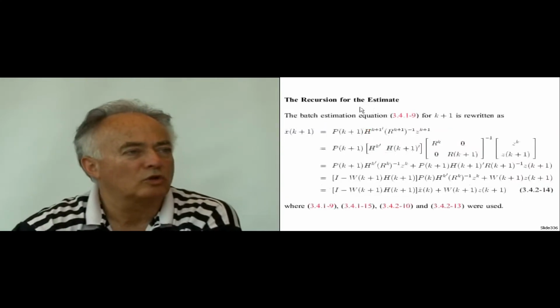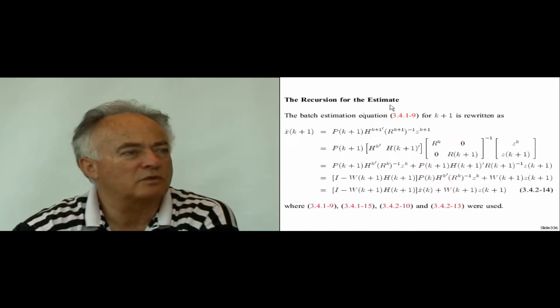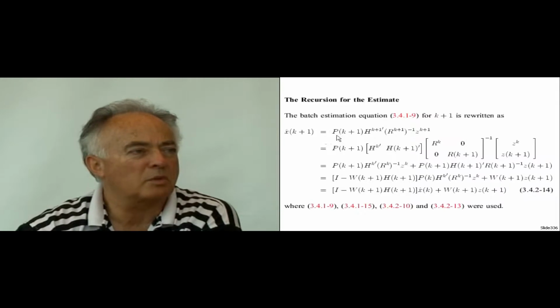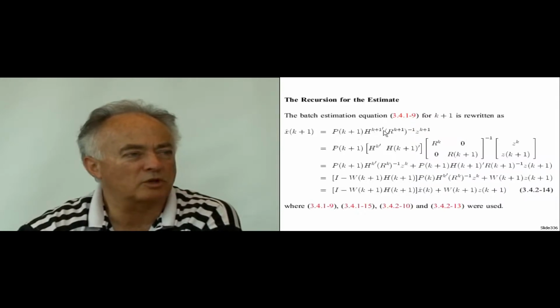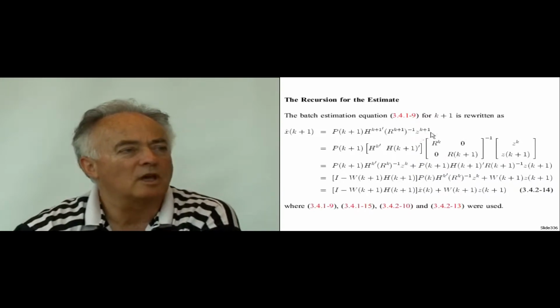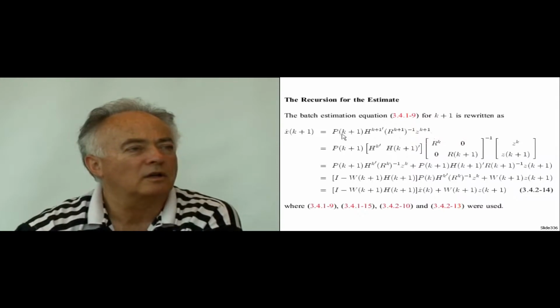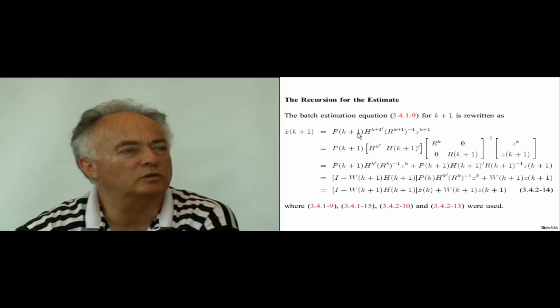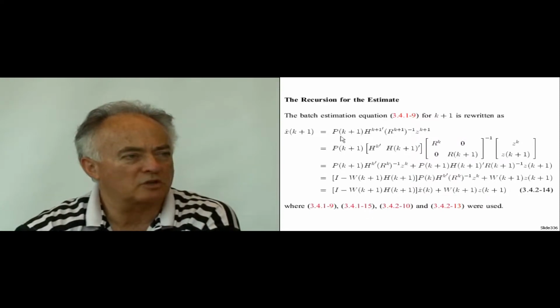Now, we will next obtain the recursion for the estimate. The batch estimate at time k plus 1, x hat k+1, was obtained as P_{k+1} H^{k+1}' R^{k+1} inverse z^{k+1}. And this P was really the inverse of H' R inverse H with index k plus 1. So what we have here is just a simplified notation that's more convenient for the batch estimator.